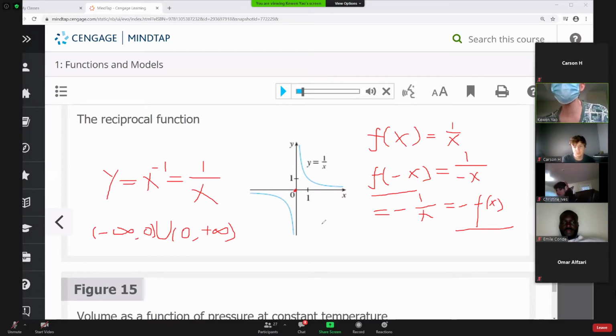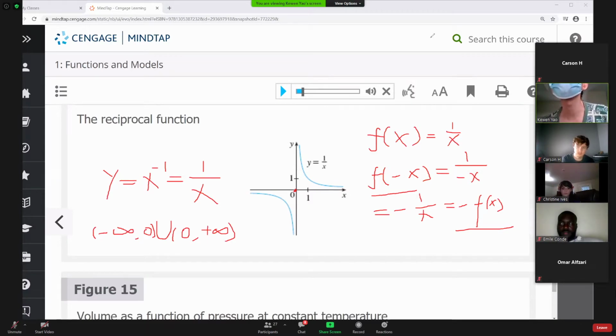Or you can sketch it and look at the graph: it is symmetric with respect to the origin, so therefore this is an odd function. There are at least two ways. Easy.